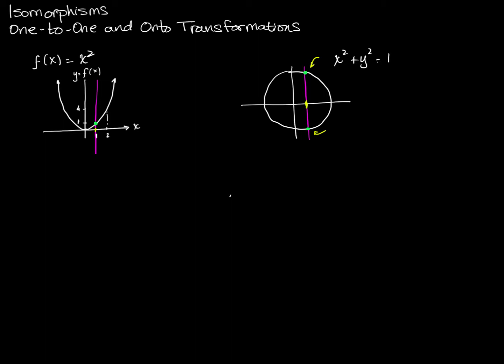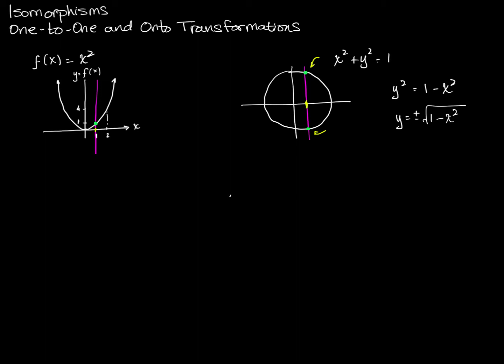Let's see, if we subtract x squared from both sides, we get y squared equals 1 minus x squared. And then we take the square root of both sides, and we end up with y equals the square root of 1 minus x squared, right? But not quite, because remember that when I take a square root, I have to consider the possibility that either a positive or negative number has been squared to give me that y squared value.